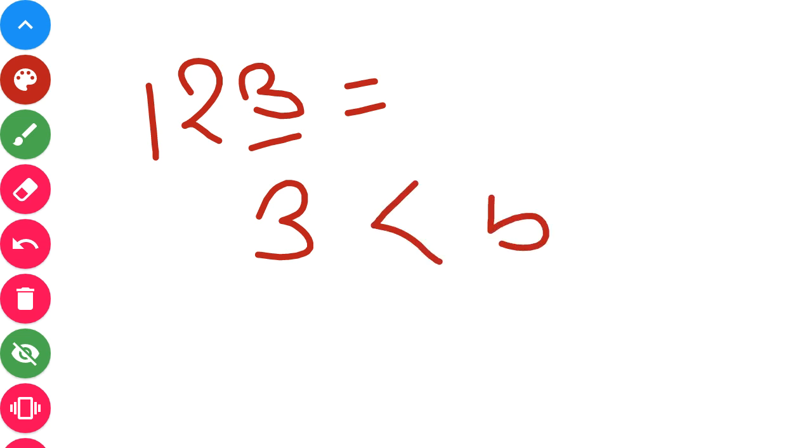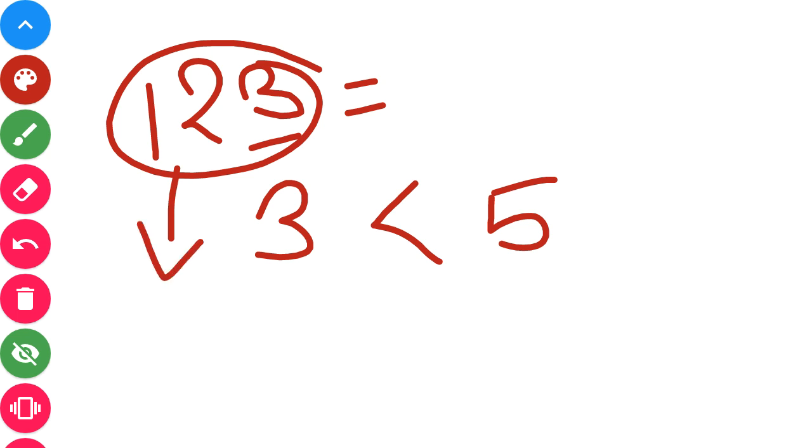Now, ones, tens, hundreds. So we have to round off in tens. Which digit will we see? We will see the number at the ones place. 3 is there. Now, is 3 greater than 5 or smaller than 5? 3 is smaller than 5. So that means this whole number will get rounded down.